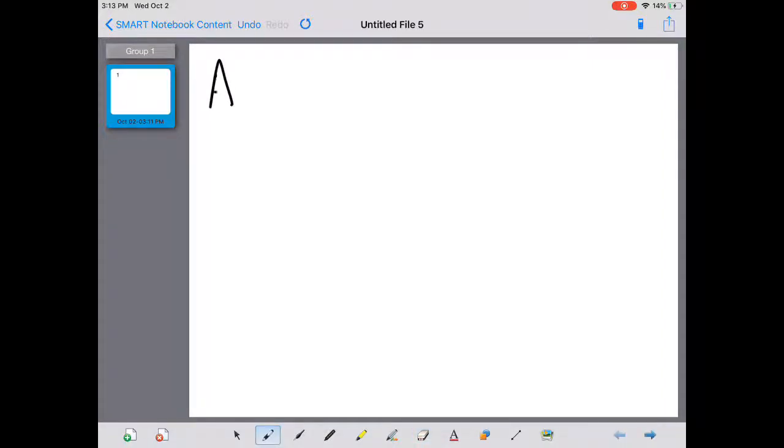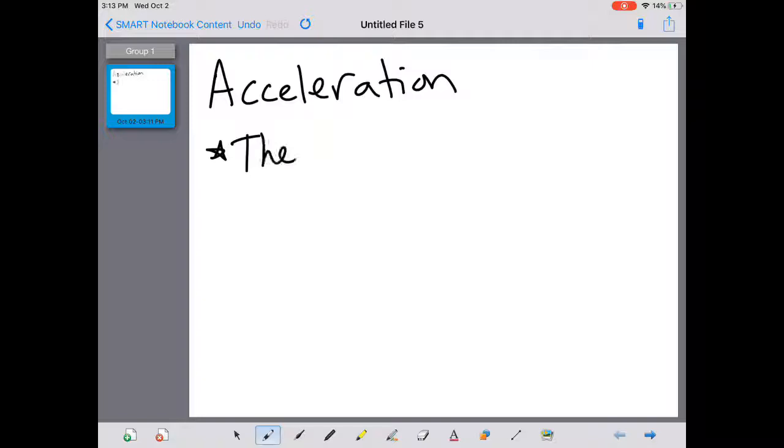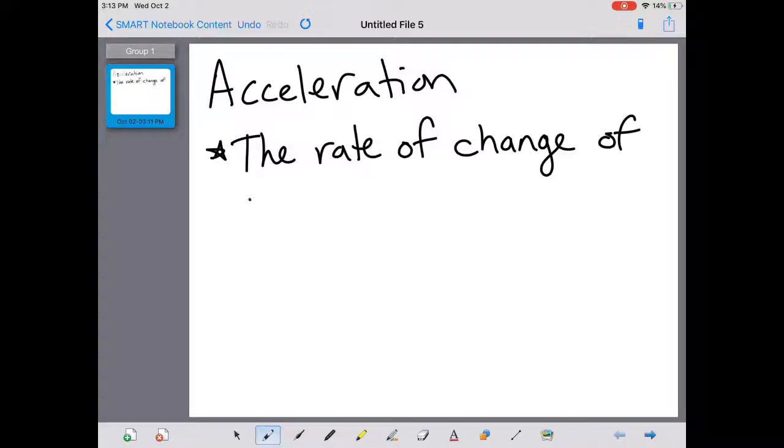What is acceleration? Well, acceleration is simply the rate of change of velocity. Now, velocity is a vector, all right?